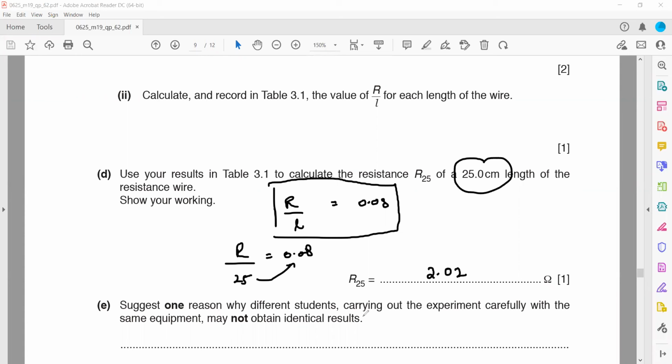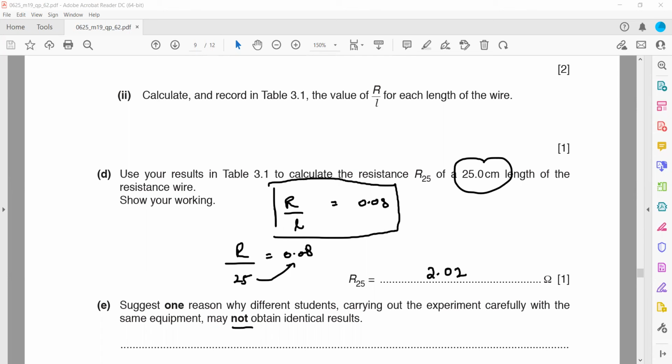Suggest one reason why different students carrying out the experiment carefully with the same equipment may not get identical results. In the electricity experiment, maybe the wire becomes hot, or maybe we don't place the marker exactly because we are placing a crocodile clip.